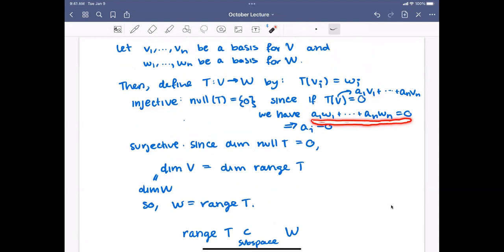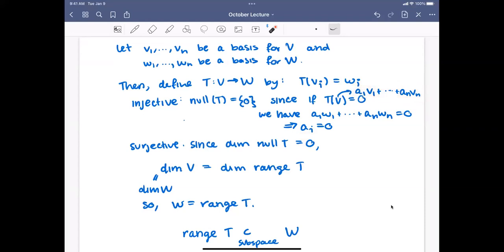But since the W's are a basis, they're linearly independent. So that means that all of the A sub i's had to be 0. So in fact, this whole expression must have been 0. There's no other way you can get 0.